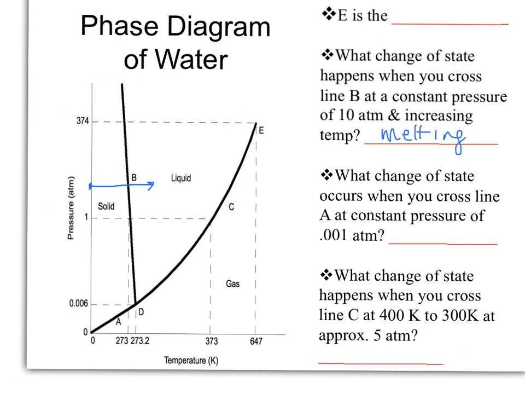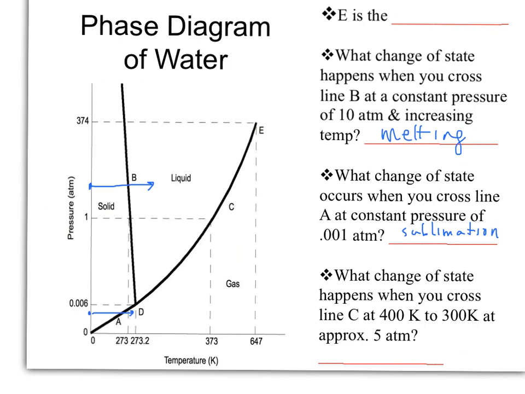The next one says, what change of state occurs when you cross line A at constant pressure of 0.001 atmospheres? So once again, I'm going to find that, and I'm going to cross line A. Obviously, I'm increasing my temperature here. I'm going from a solid to a gas, which is the process of sublimation.